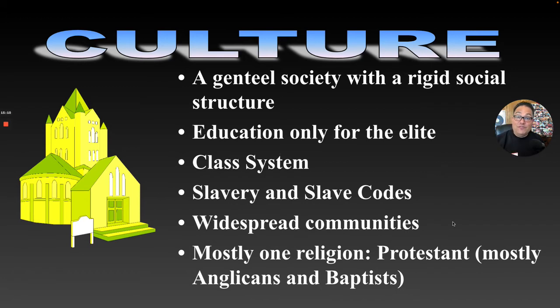There's not a lot of diversity, right? It's very literally black and white in the South. You don't have this influx of immigration from European countries. It is very homogeneous, just culturally.